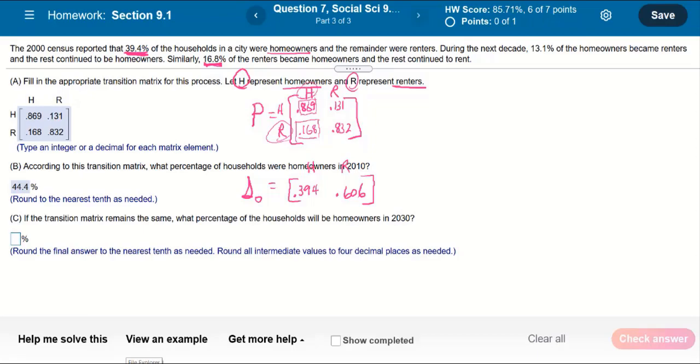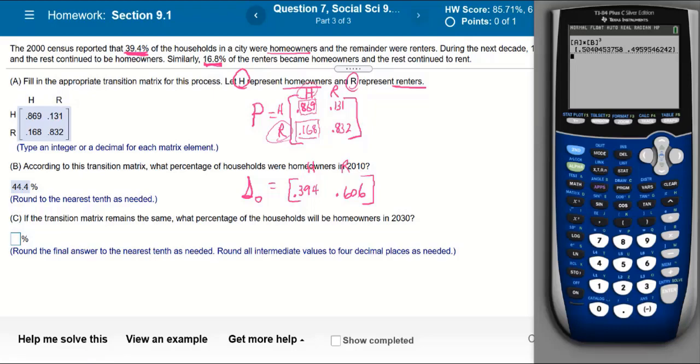Now in 2030, that would be the third state after the 2000. So we need to do an S0 times P to the 3. Again, we're interested only in the homeowners, which is the first number of that matrix. To the nearest tenth, that would be 50.4.